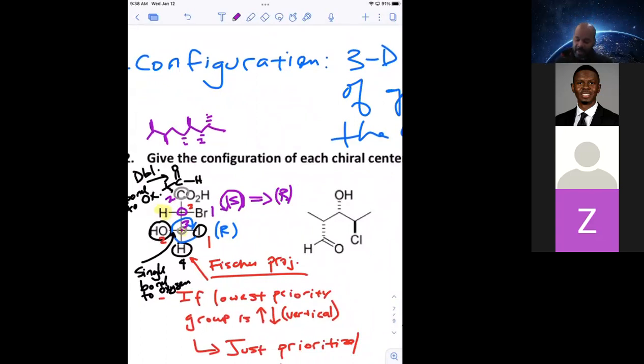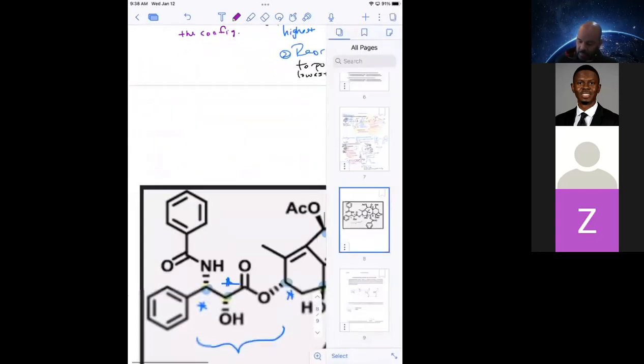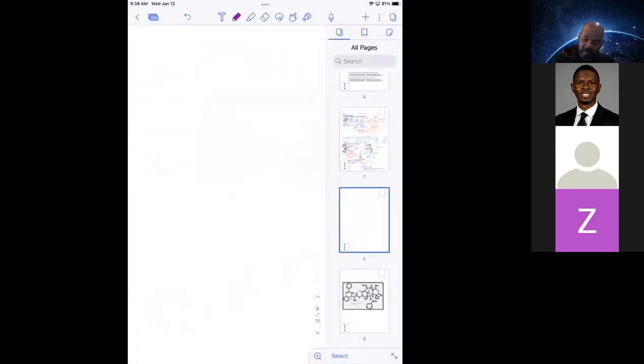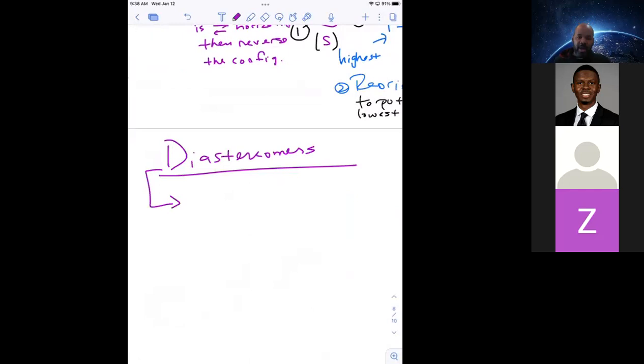So that leads us into another concept, which is the concept of diastereomers. A diastereomer is a type of stereoisomer, but it's not a mirror image.